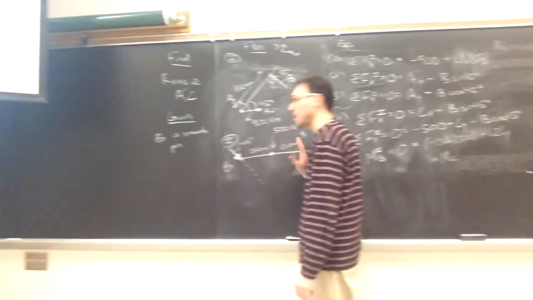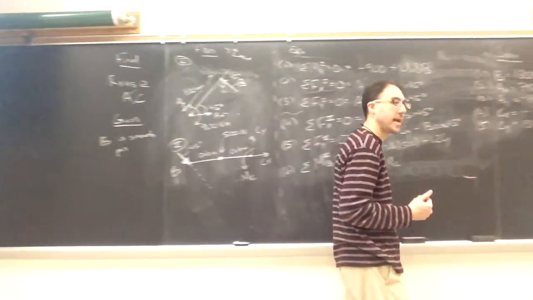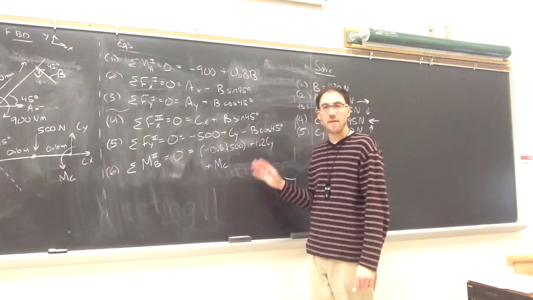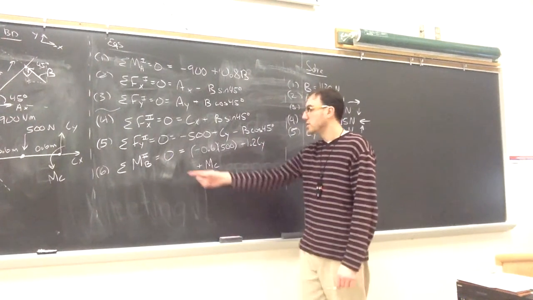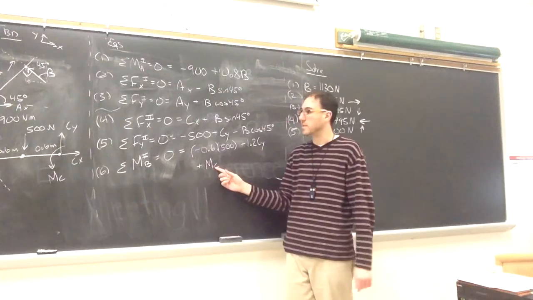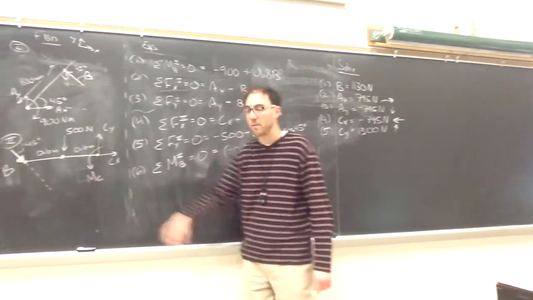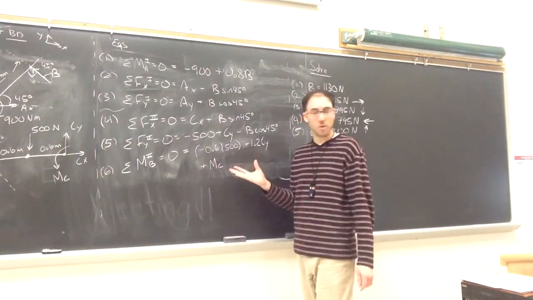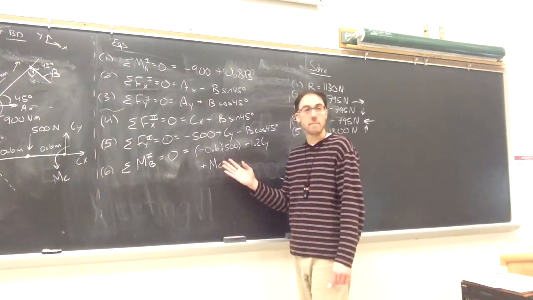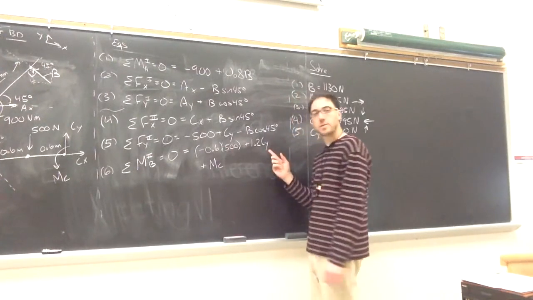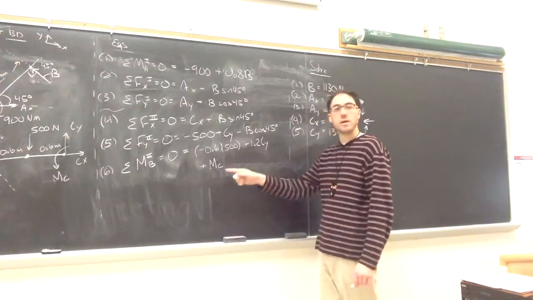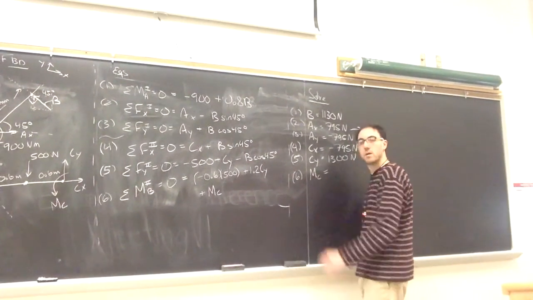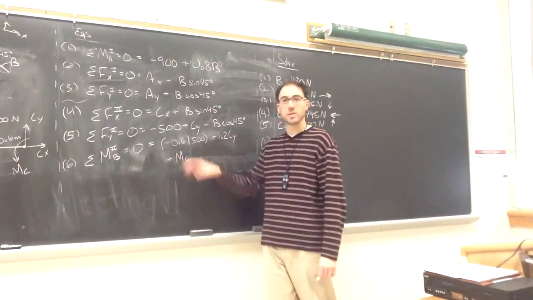If we have a couple in the picture, it doesn't matter what point we take the moment about, that couple will appear in the equation, and the couple is never multiplied by a distance. So I took the moment around B, but I still have M sub C here from that couple. Had I taken the moment around C, that M sub C would have still been there and been the same value. So since I know Cy from equation 5, equation 6, the only unknown I have is MC, the couple that the wall exerts onto the member.